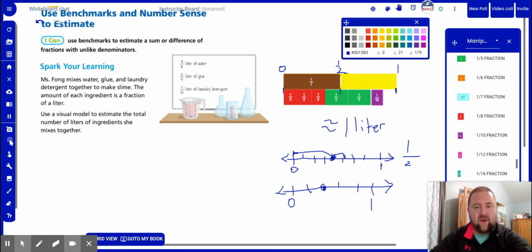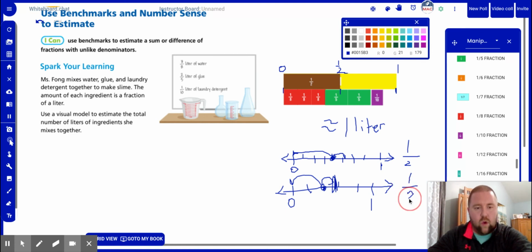But when I'm looking at the number line above, I knew that a half, 1, 2, 3, 4, fell right around in this area, right? So I know a half is right around that number. Well, is this close to a half or is this close to 0? Again, it's still close to half, so I would say that rounds to half.